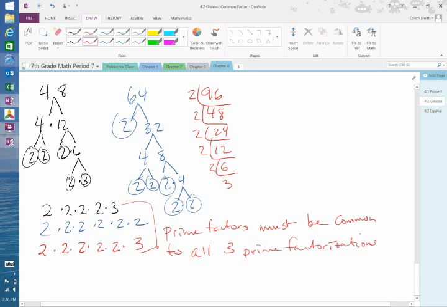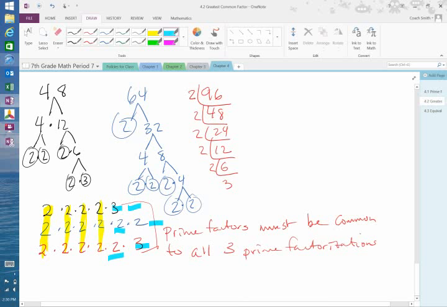Okay, so here is 2's, here is 2's, there's 2's, there's 2's, and that's it. Because there's a 3 here and here, but not here. There's a 2 here and here, but not there.